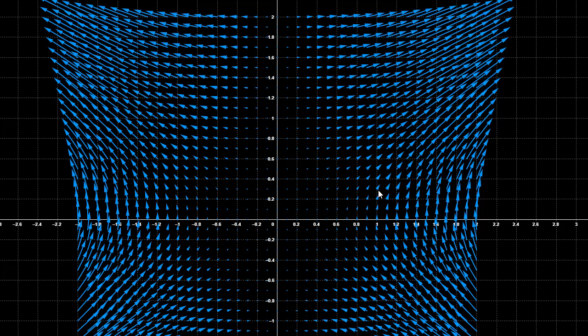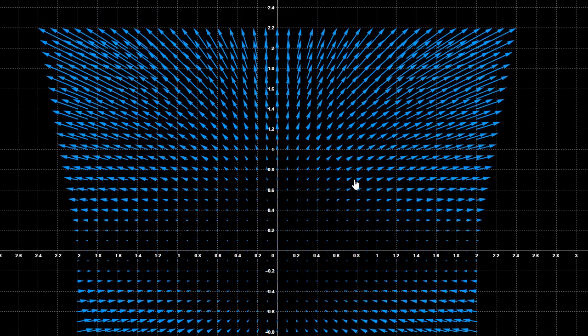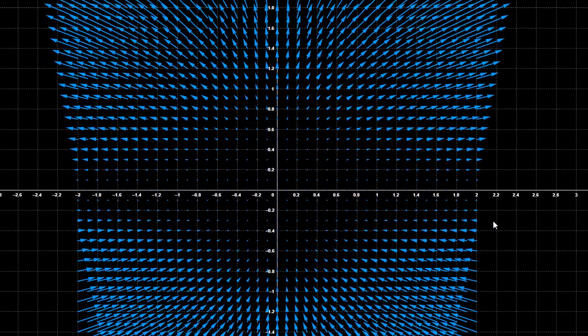Okay, let's look at G now instead. Okay, G does not have this property, right? We have some coming in this way, then it flips out to going outwards that way.